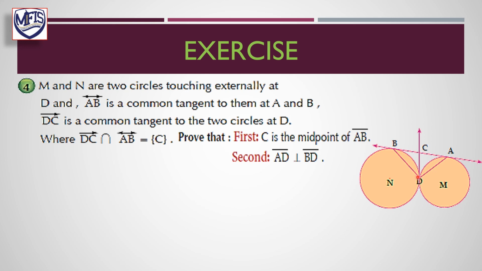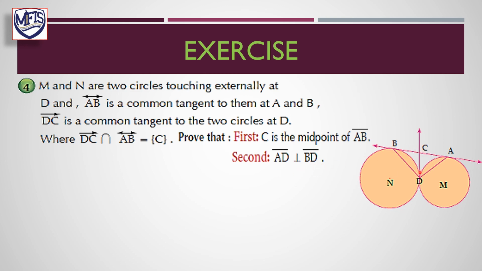And also in circle N, by the same method, I can find CD equals CB. Now, AC equals CD and CD equals CB. Therefore, AC equals BC. That means C is the midpoint. This is the first required.